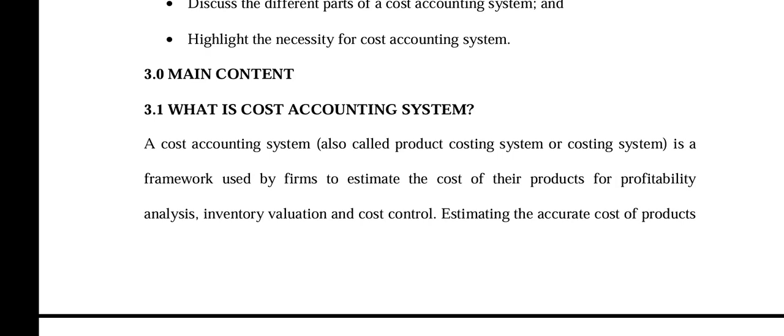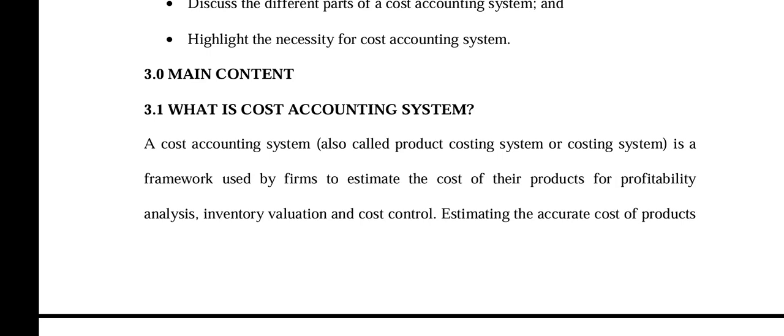Aside from profitability, it also helps the firm to know the value of their stock. That's called inventory valuation. What is this? The valuation or the value of a stock or a unit per time.